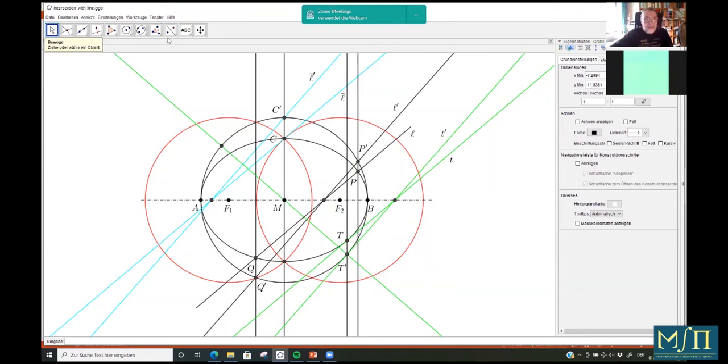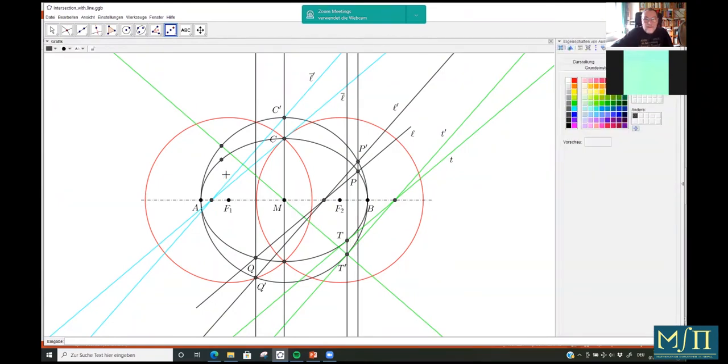So it's essentially the same thing. But here, of course, I can cheat. I can simply use the tool that gives me the symmetric point. So this is the symmetric point to T. That would be my T bar if I called it that. And reflecting the line T on the midpoint then gives me the tangent over here.